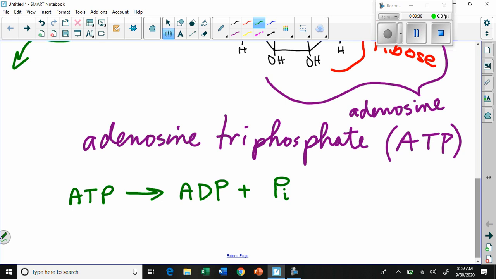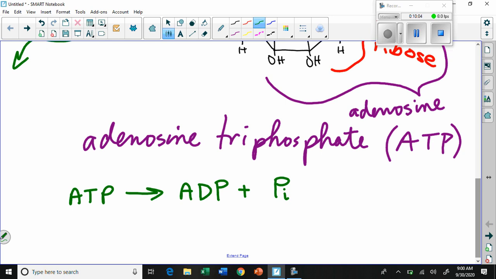That's now free-floating. But this free-floating inorganic phosphate doesn't stay free-floating for very long. One of the things that happens in biology when we start describing reactions is we have all these intermediates, we call them. So this breaks up into these two intermediates, but almost immediately, these intermediates will react with other things.